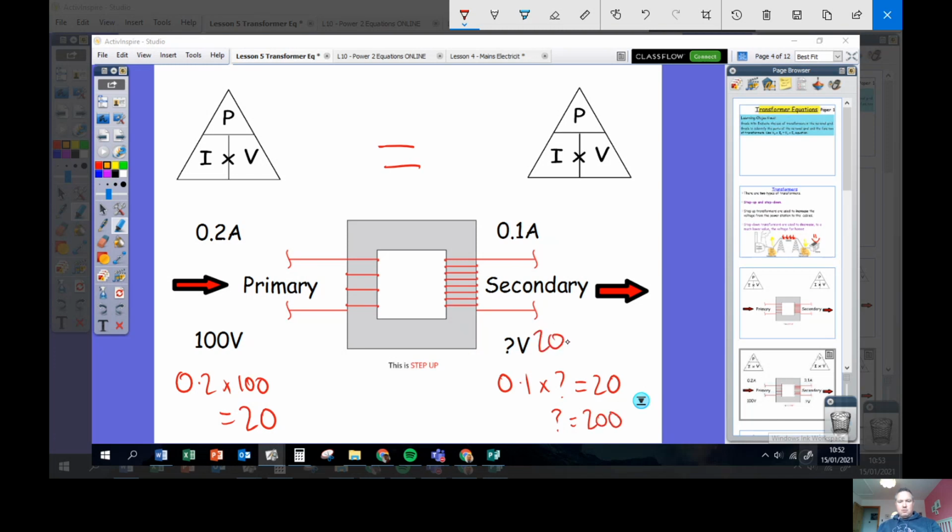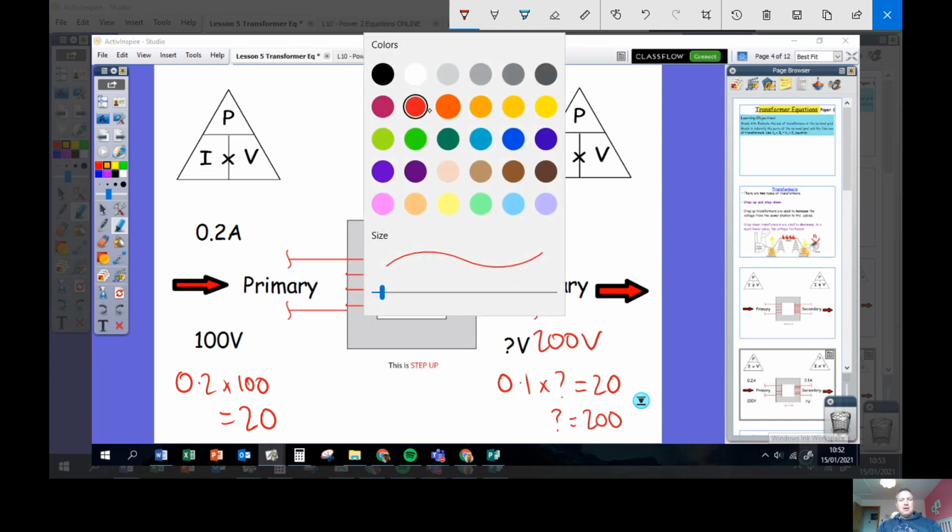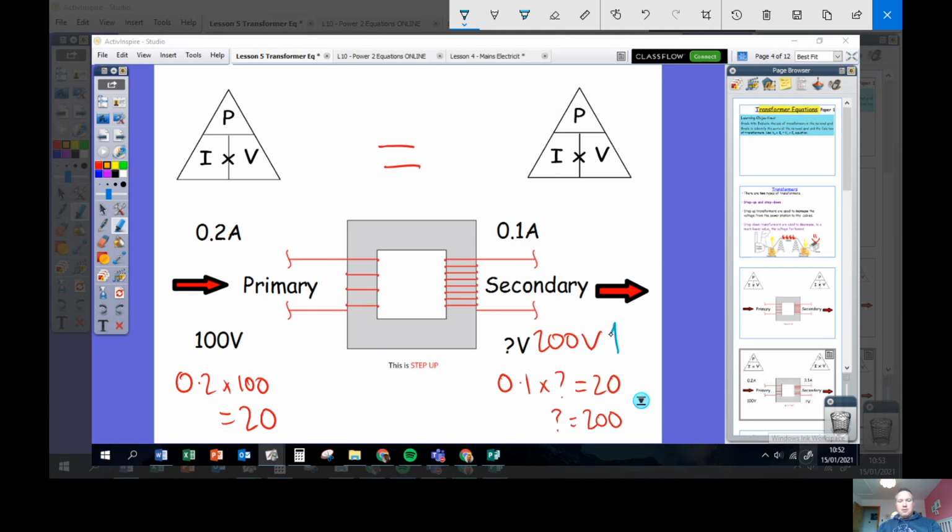So 200 volts. So again, look, we can see that the power went into the transformer at 0.2 amps and 100 volts. It came out the other side at 0.1 amps and 200 volts. The transformer has made the voltage go up, but the current go down.